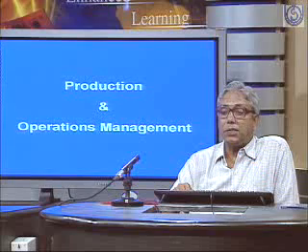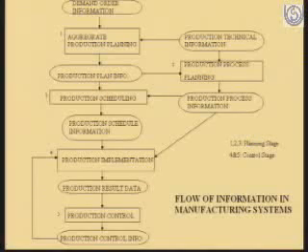Now all these activities can be seen by this diagram, the flow of information in manufacturing systems. You see at the top, demand order information. This demand order information can be forecasted, or it can be given by the customer in a make to order company.